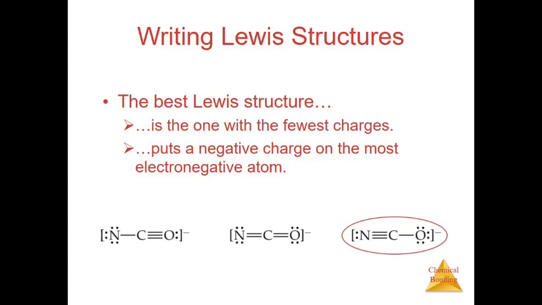If we were to look at the calculations for our formal charges here, let's do valence electrons first. So for nitrogen, group 15, it has 5. Carbon is in group 14. Oxygen's in group 16. So we can write that down for each of these.